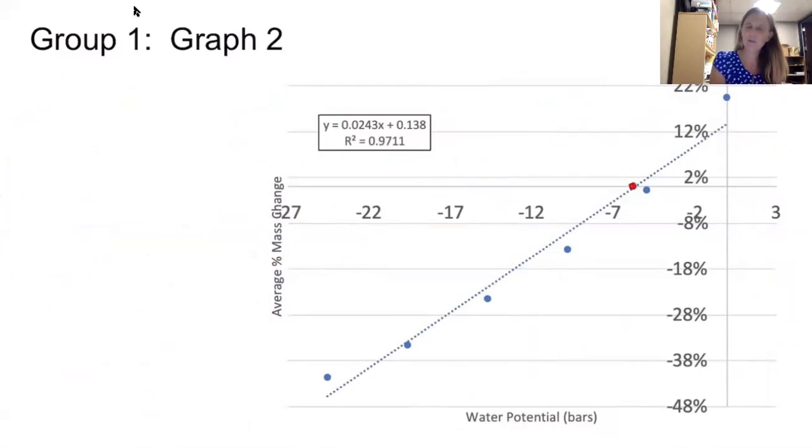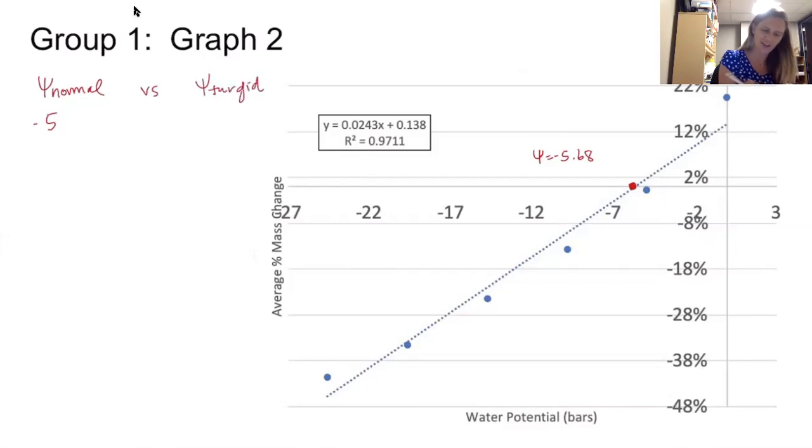So in an isotonic solution, our potatoes that we used had a water potential of, I think it was negative 5.68, right? What happens if we have turgid potatoes? So water potential, I'm going to call it normal, versus water potential of the turgid potatoes.